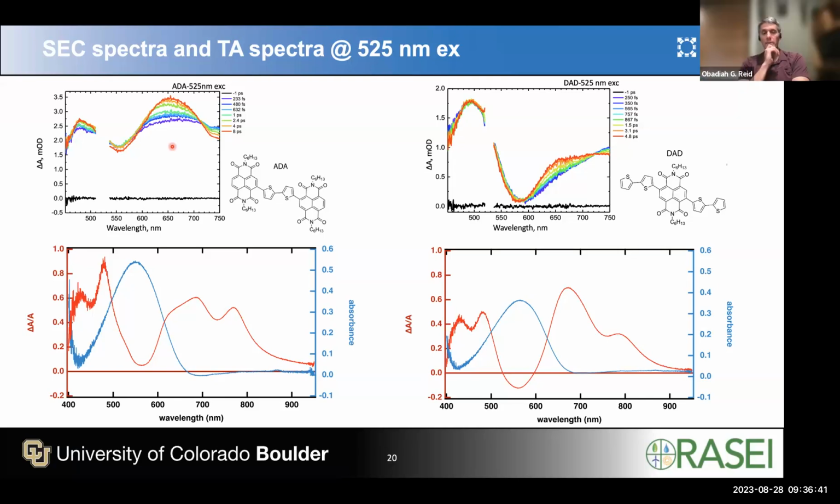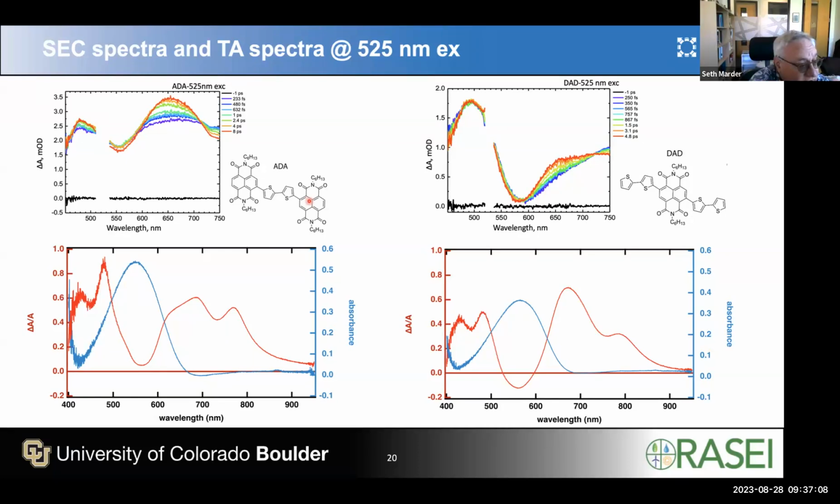Right. Yeah, I mean, it is sort of trying to test this ultimately simplistic picture that the excited state could be characterized as bithiophene plus and NDI minus. Okay. And yeah, go ahead.